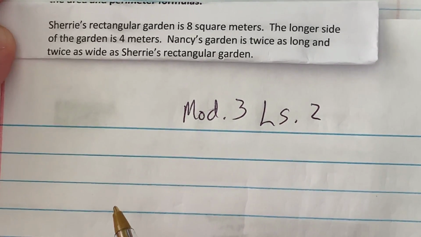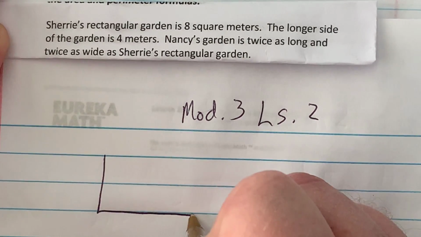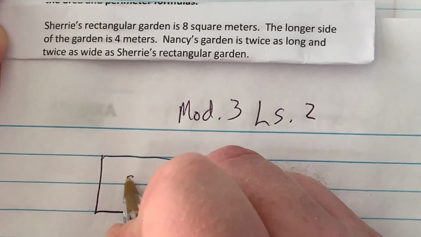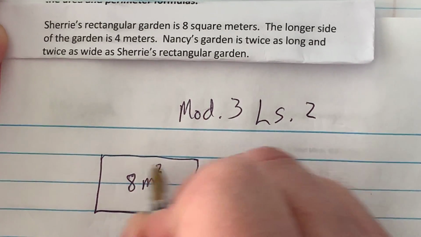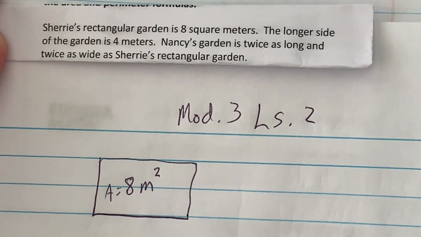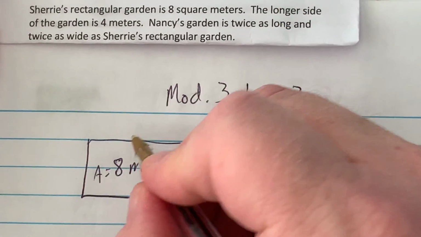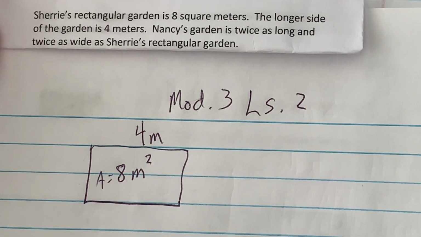All right, so here we go. We have Sherry's garden is 8 square meters. Okay, so her garden is 8 meters squared. That's her area. And we know that the longer side of her garden is 4 meters. Okay, so our question is what times 4 equals 8?